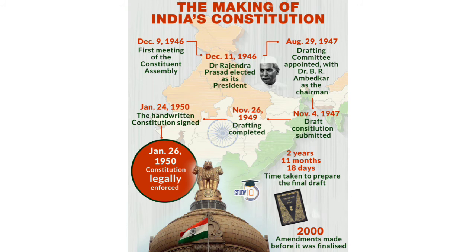On 26 November 1949, the Constituent Assembly adopts the final draft, making it official, and on 26 January 1950, the new constitution finally came into force. So basically, overall, it has been a long and lengthy process.